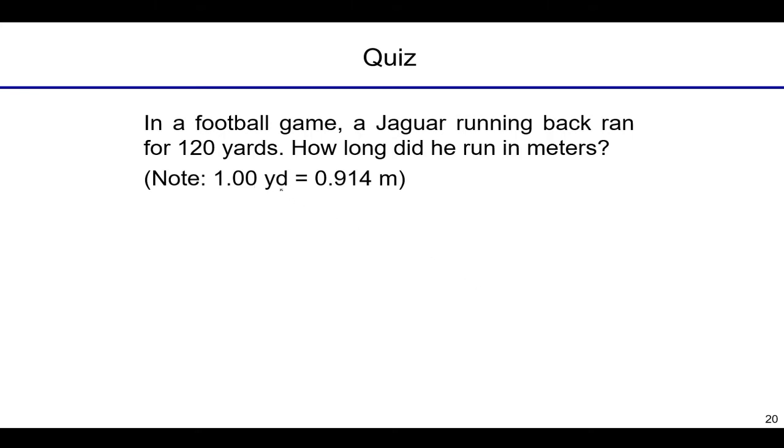You're given this conversion here, but try to set it up using the method we described and try to work out to a final answer, report it with the unit. How many meters did this running back run if he ran for 120 yards?